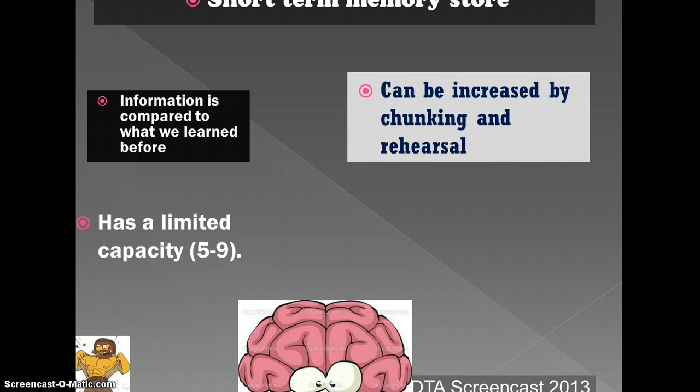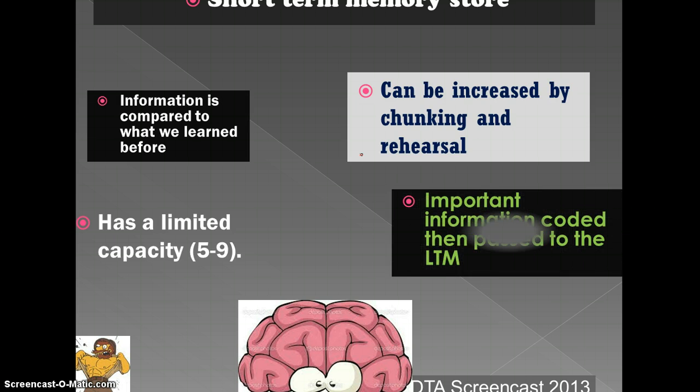You can actually increase the amount of information you can retain by chunking and rehearsing, and it's very important to do that if you're trying to move information from your short-term memory store into your long-term memory. And then finally, quite importantly, the appropriate information is coded, then passed to your long-term memory.